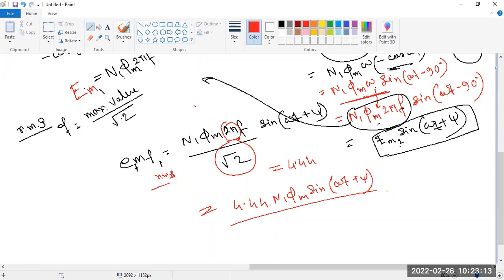Ultimately we get this 4.44 phi max sin omega t, and N1 is the number of turns. In this way we can write down this equation. This is for the primary, and if we go for the secondary, just change N1 to N2, that is 4.44 phi m sin omega t.